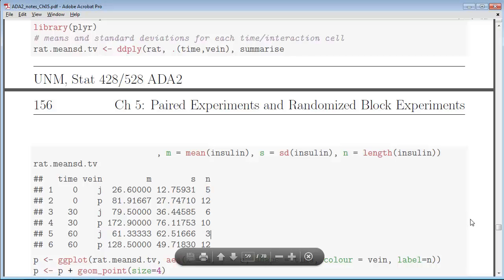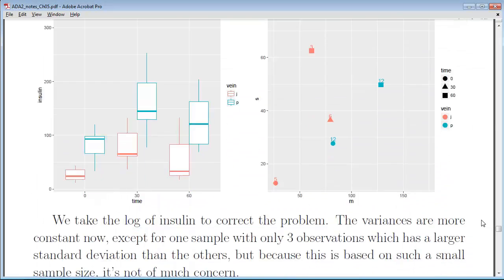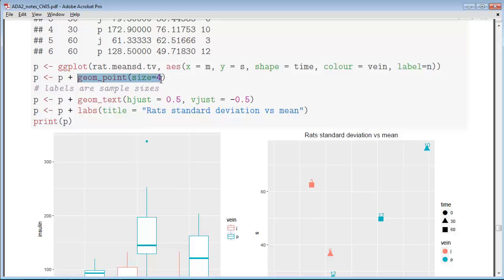So in the plot here we are, sorry about the jumping around, we have label equals n, and in addition to plotting the points, I've also plotted text, and this horizontal and vertical adjustment that I'm doing centers the numbers above the points. And I probably could have increased the vertical adjustment a little bit too, so it doesn't overlap with the shape there.